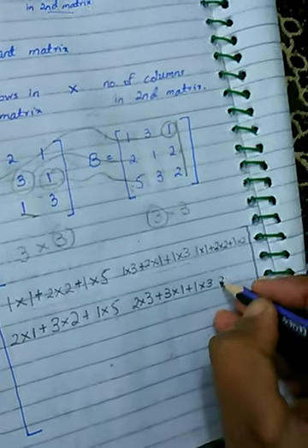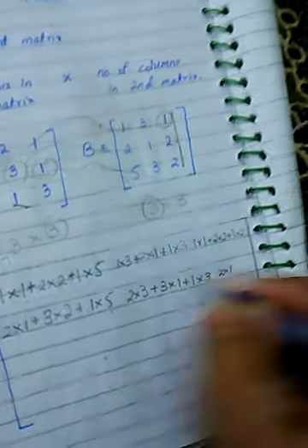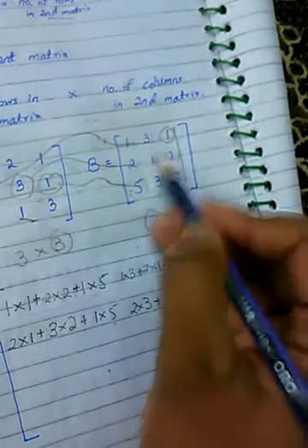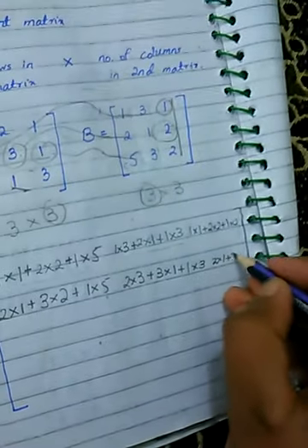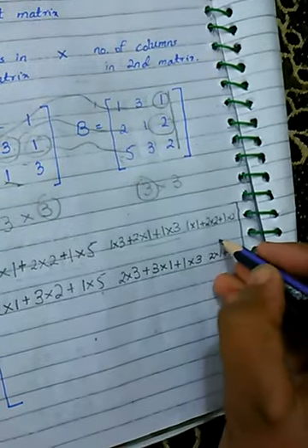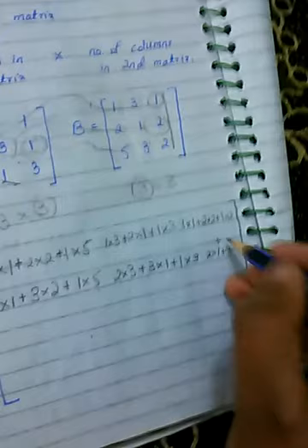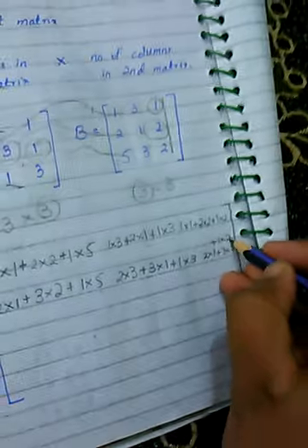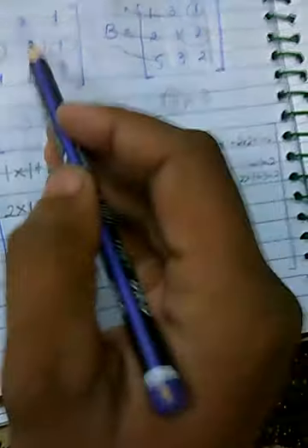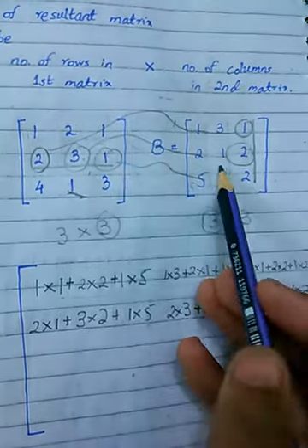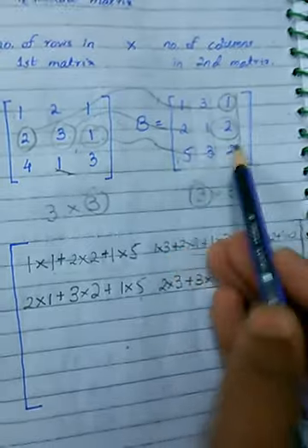First element by first element, 2 by 1, 3 by 2, space is limited, plus 1 by 2. 2 by 1, 3 by 2, and 1 by 2.